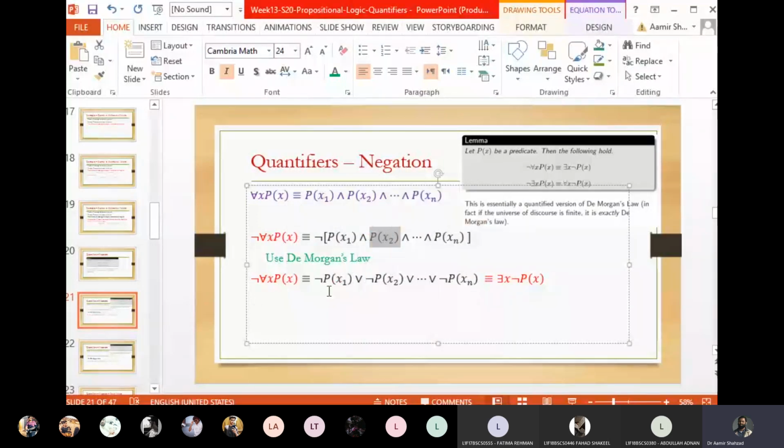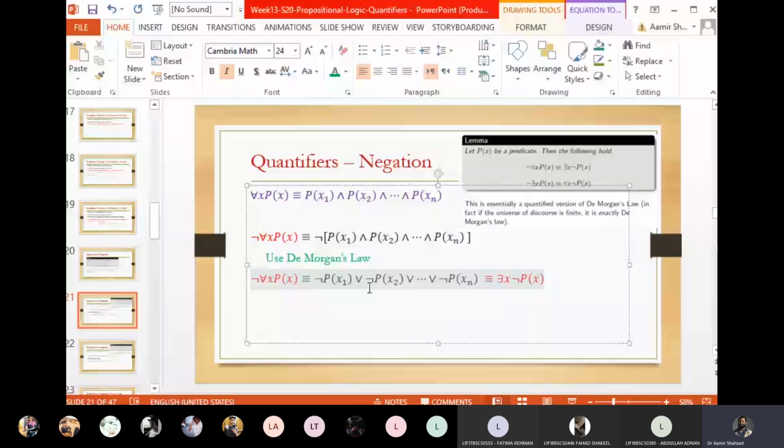So negation क्या होगी? Negation of p of x1 or negation of p of x2 or negation of p of x3, so on, or negation of p of xn. जितने हमारे पास अंदर वेरिएबल्स हैं सबकी negation हो गई और उसका OR ऑपरेटर हो गया. लेकिन OR ऑपरेटर तो existential quantifier होते हैं.